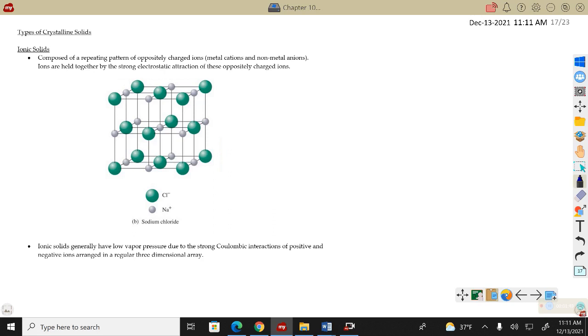Now, it's hard to tell where one molecule begins and another molecule ends. If I'm looking at this crystal of sodium chloride, it's just positive, negative throughout this crystal structure. These gray are the positive sodium ions and the green are the negative chlorine. Positive, negative, all throughout this crystal.